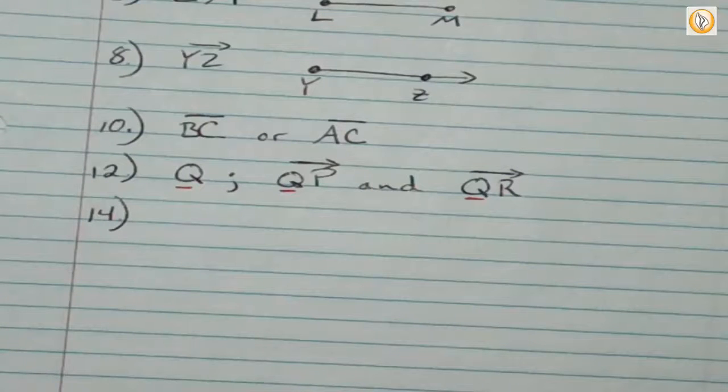It says find the measure of the following angles and classify each according to its angle measure. Express each angle's measure in proper notation. All right, guys, get out your protractors.